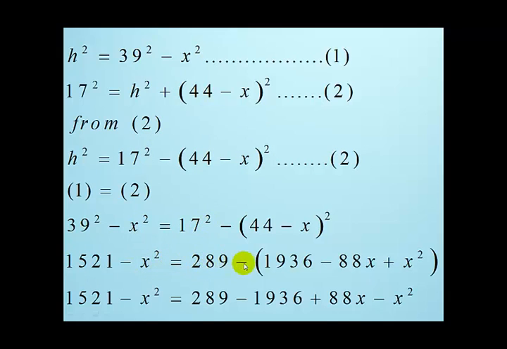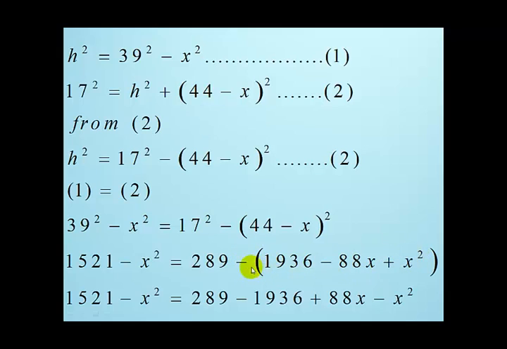Now let's simplify the expression in the bracket. We have 44 minus x all squared, and when we expand it, the result is 1936 minus 88x plus x squared. Now 1521 minus x squared on the left hand side is equal to 289. Because we are opening the bracket, take note that we have minus 1 outside the bracket, and therefore minus 1 multiplies all the terms in the bracket.